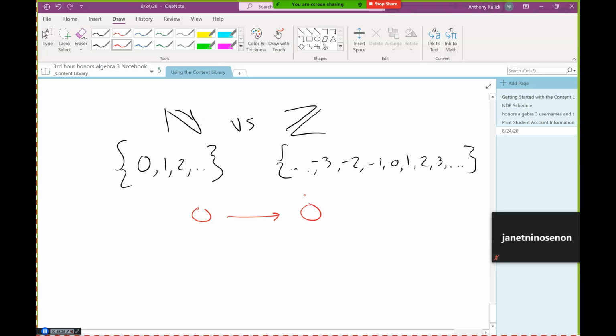No. In the integers. What's positive 1 going to pair with? So if we're pairing, you have to have a 1-to-1 pair. You can't do 1 to 2, right? Because now you're showing it has twice as many.